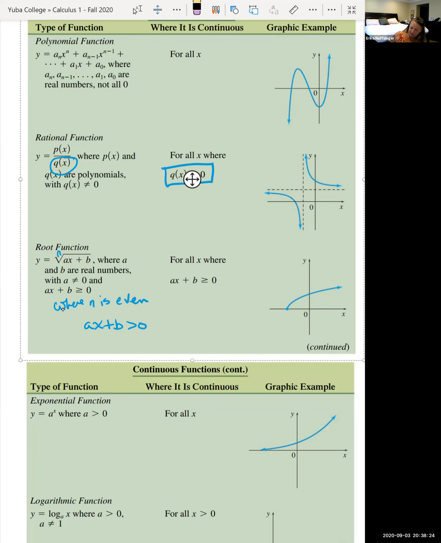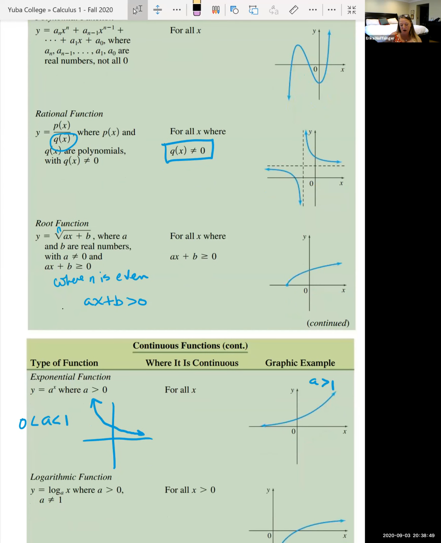We should also say a is greater than 1 here, because technically if a is less than 1 and bigger than 0, the graph is going to be decreasing and looks like this. But there's no place where this is undefined for x, so it's continuous everywhere.